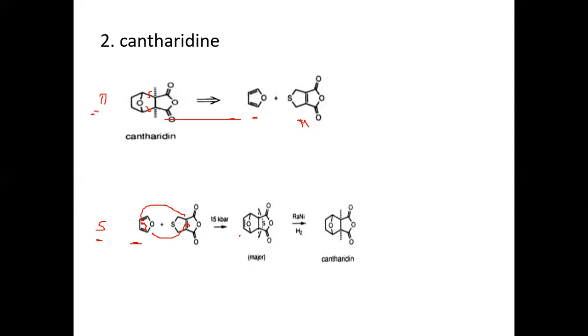Yes, we have to reduce that one. So what is the reducing agent for the reduction of a double bond? Raney nickel. Very good. So this double bond got reduced and we got our target molecule.